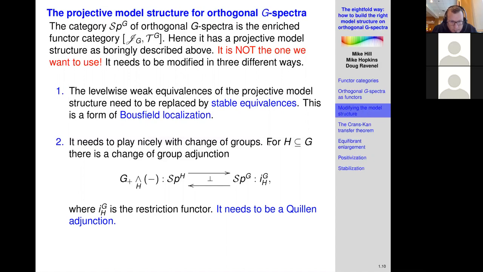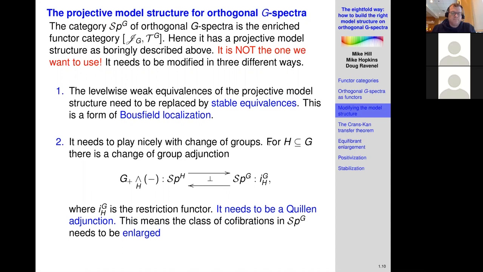The projective cofibrations in SPG do not include ones induced up from SPH in this manner. We need to enlarge the class of cofibrations in SPG in order to make this a Quillen adjunction. And I'll say more about that later.